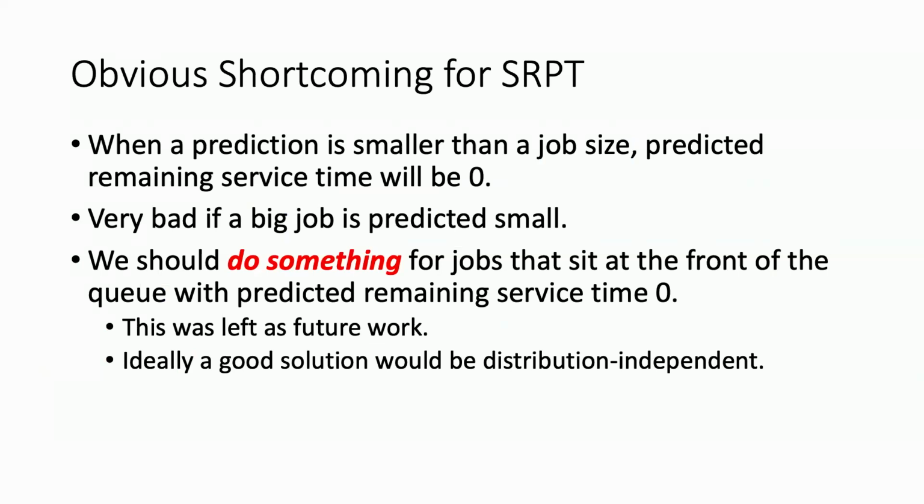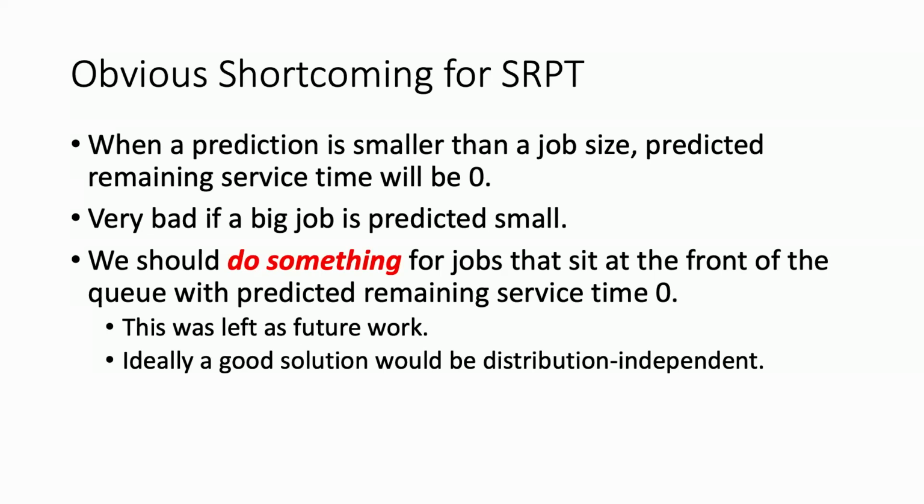A problem with using predictions, like if you're using shortest predicted remaining processing time, is there's an obvious problem, which is that you say, okay, I predicted this job takes 2 minutes and it actually takes 100 minutes, right? And so you run it for 2 minutes and its predicted remaining processing time at that point is 0 or starts to become negative, right?